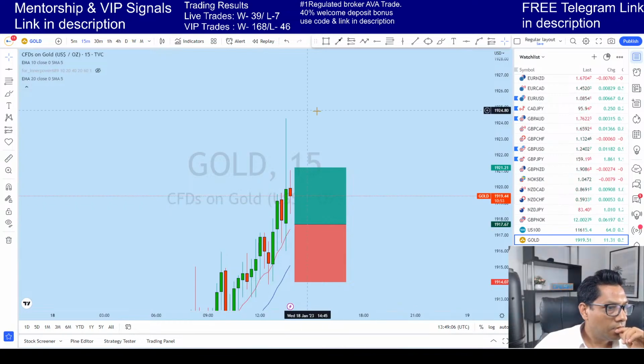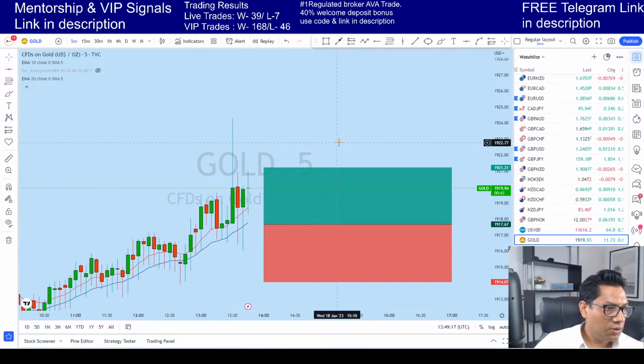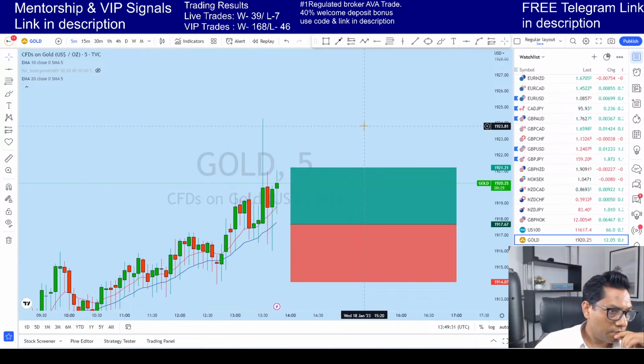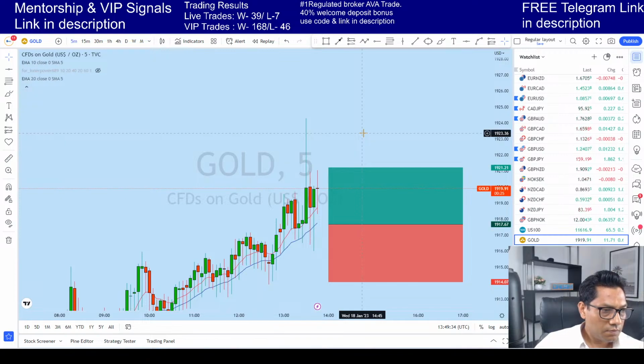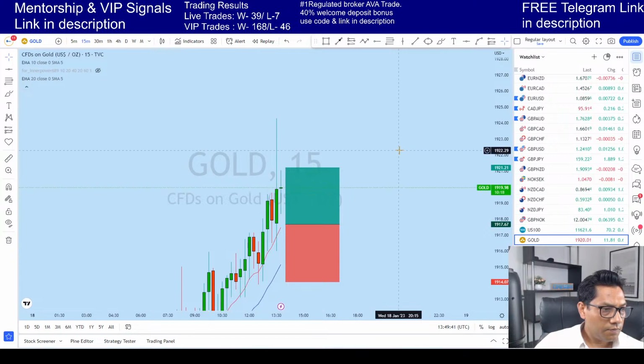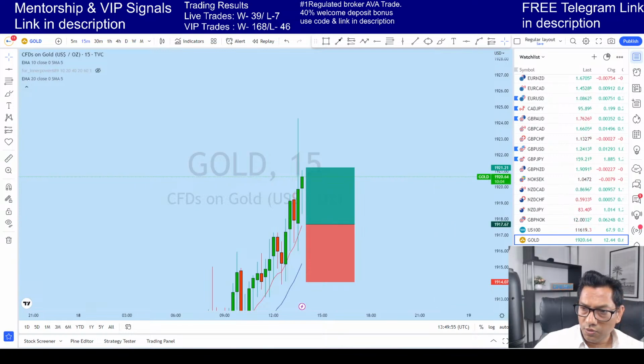Okay, now it's forming a doji. Do not move.